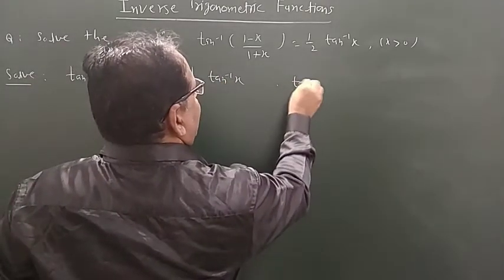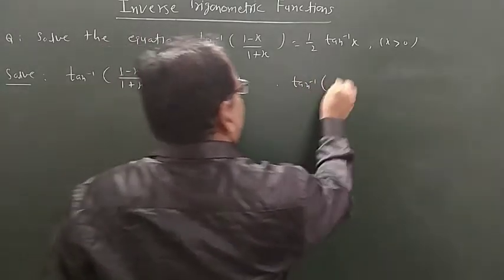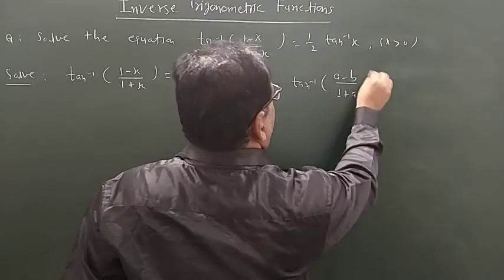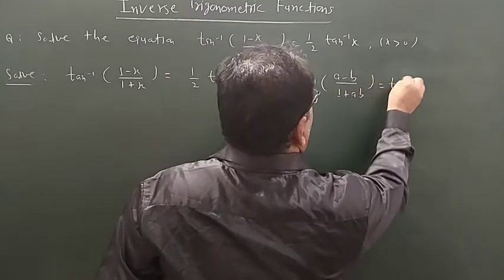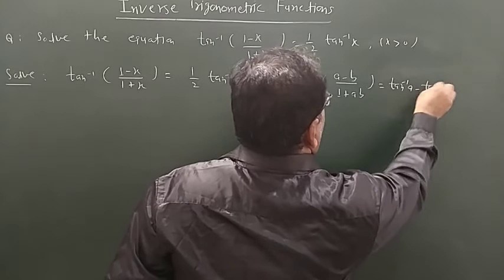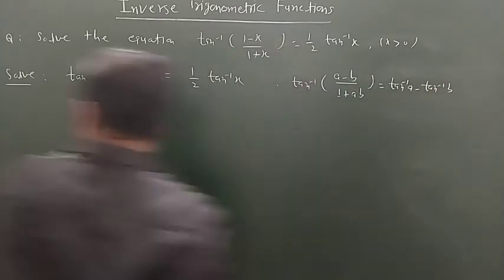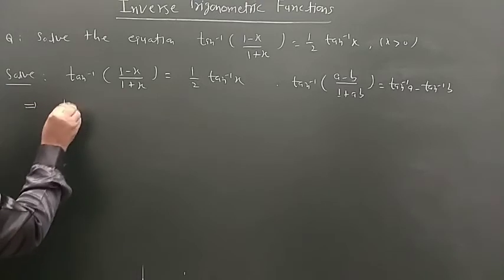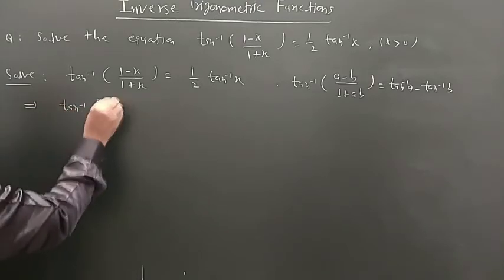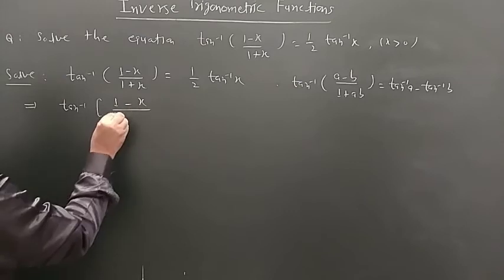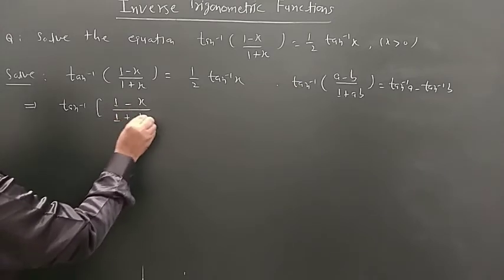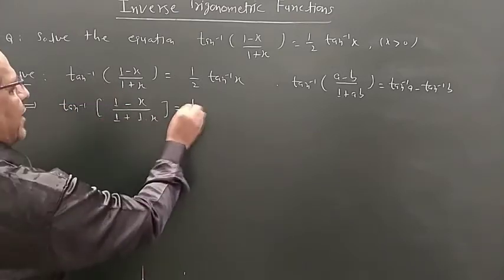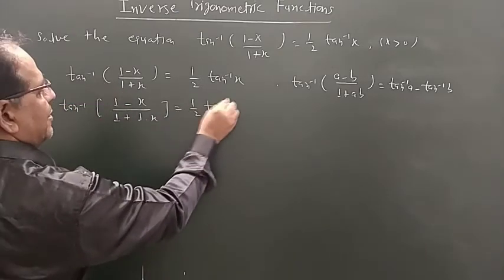Since tan inverse ((a minus b) upon (1 plus ab)) equal to tan inverse a minus tan inverse b, now the left hand side can be reduced. Tan inverse ((1 minus x) upon (1 plus 1 into x)) is equal to again 1 upon 2 tan inverse x.